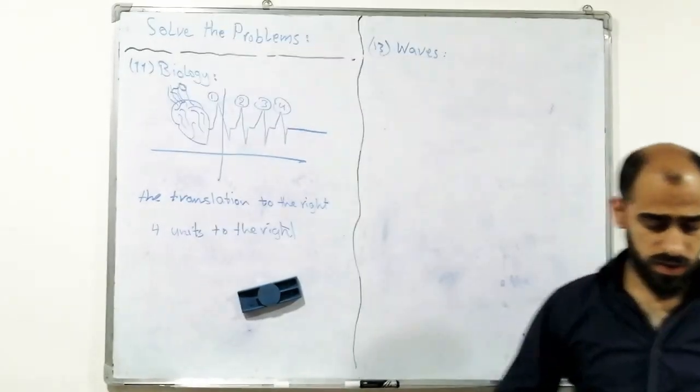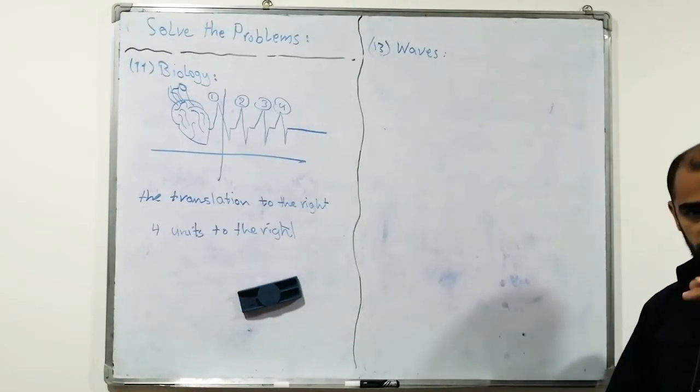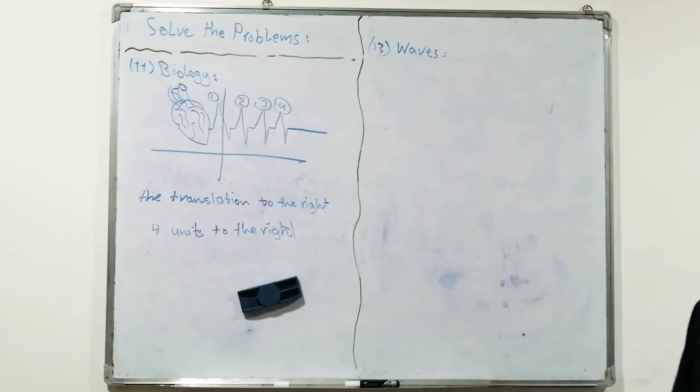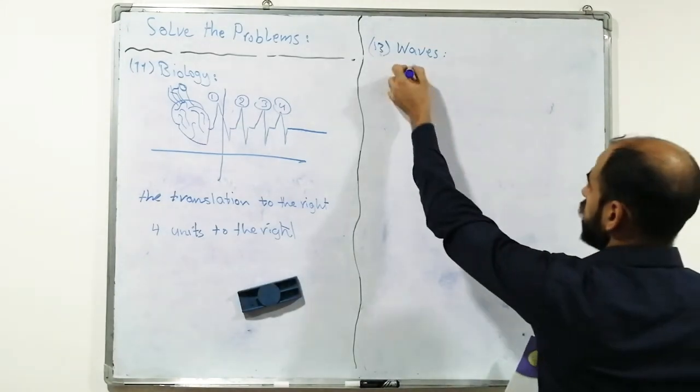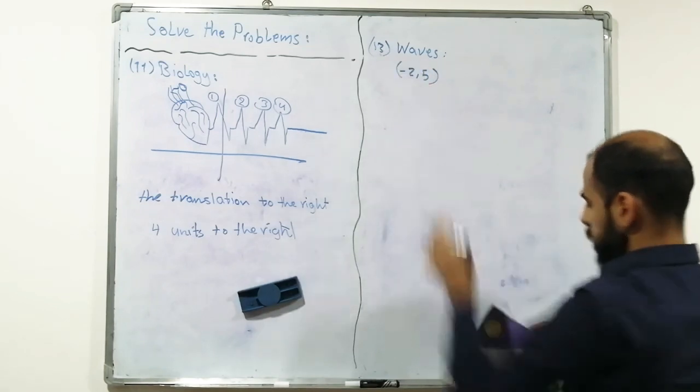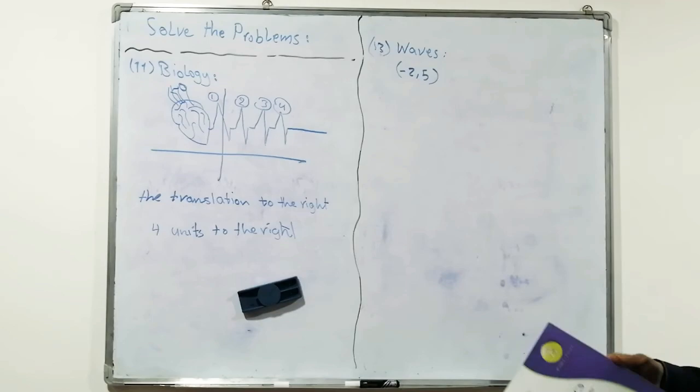There are waves occurring in the sea that have a point. هناك موجات تقع في الماء، عندما تحدث الموجات في الماء تحدث في نقطة معينة في البحر. فرض هذه النقطة the point is (-2, 5) on the top of it, يعني في أعلى الموجة.